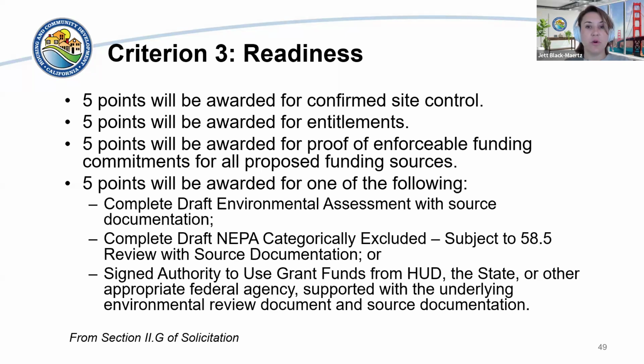And 5 points will be awarded for one of the following: either a complete draft of environmental assessment with source documentation, a complete draft of NEPA categorically excluded, subject to 58.5 review with source documentation, or signed authority to use grant funds from HUD, the state, or other appropriate federal agency supported with the underlying environmental review document and source documentation.